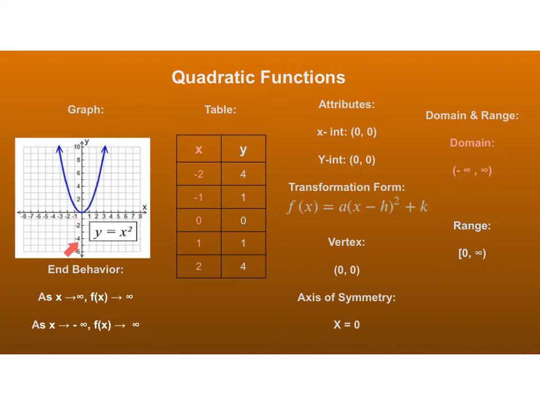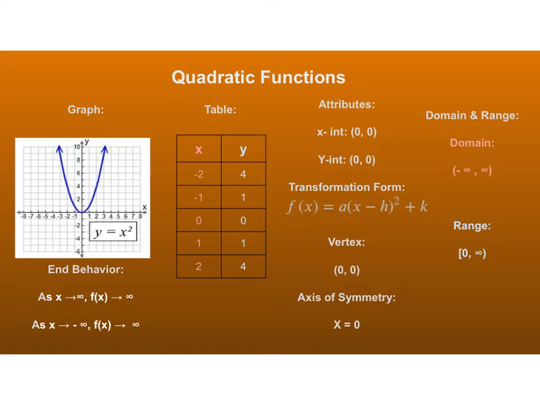On the left side of the graph, as x approaches negative infinity, as x is going towards the left, your y value is still going up forever. So these are both positive infinities. If you look at the table, anytime you square the number, it's always going to turn into a positive. So again, a parabola that's going up forever.